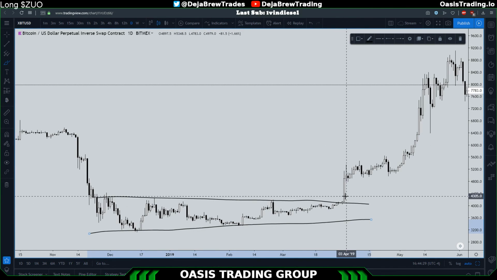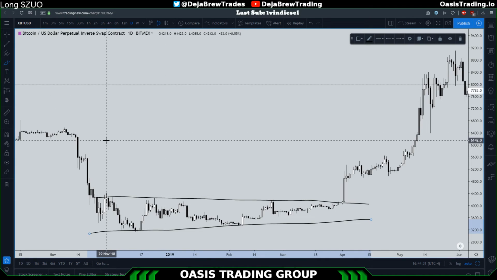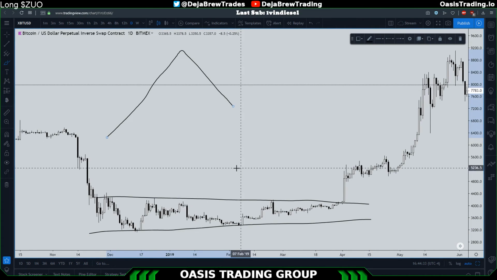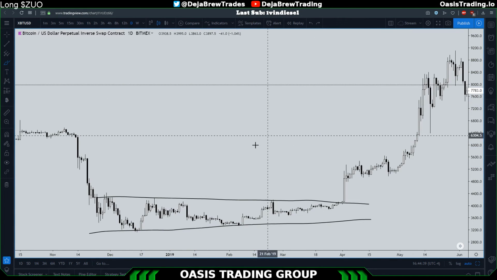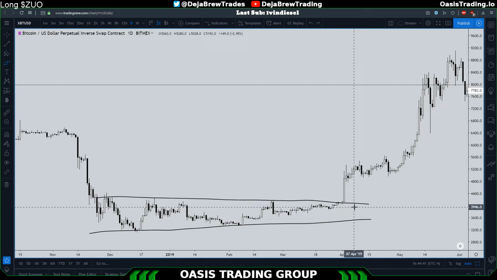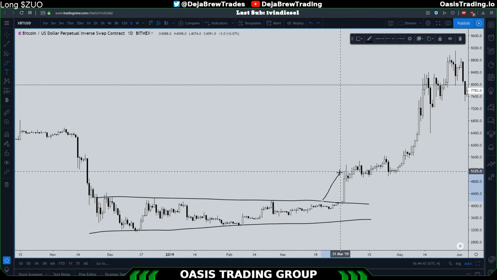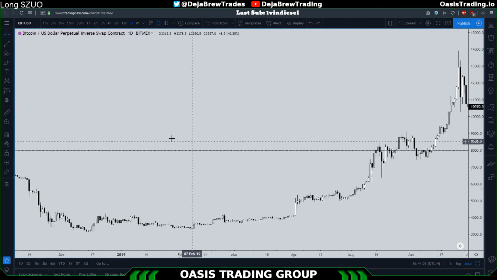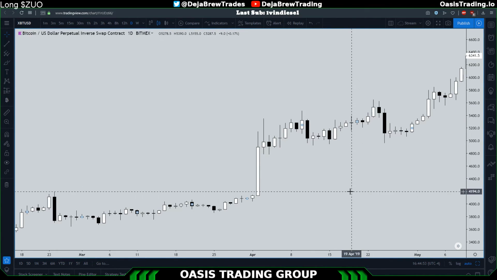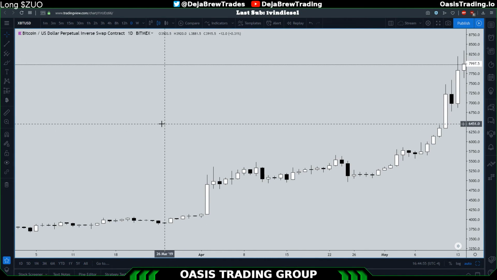Once you break structure, so once you're going from an uptrend to a downtrend, or an uptrend to a range, or a downtrend to an uptrend, downtrend to a range, once you break that structure, you have your impulse, right? So you have the break of the range into an impulse. So after that impulse, what usually happens? You usually have what I call a first pullback.